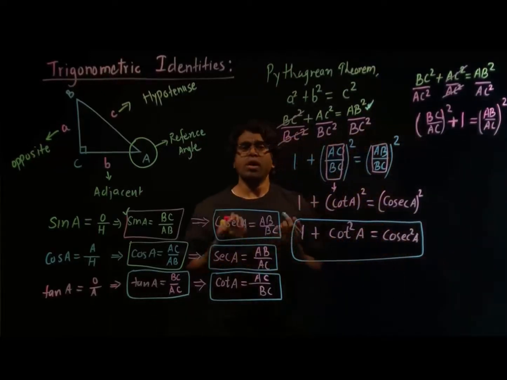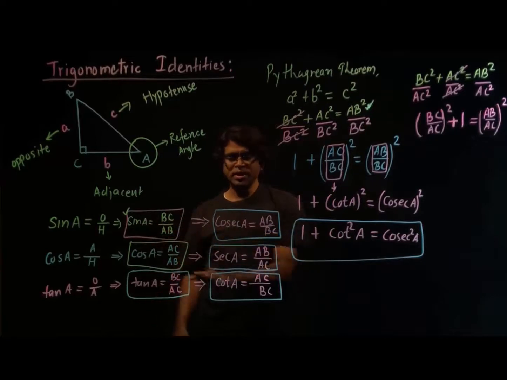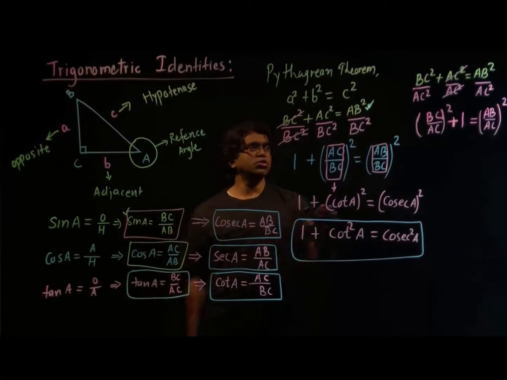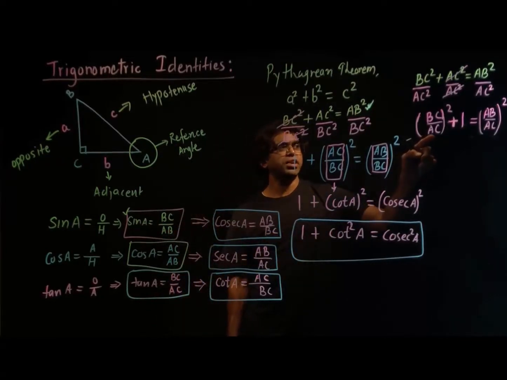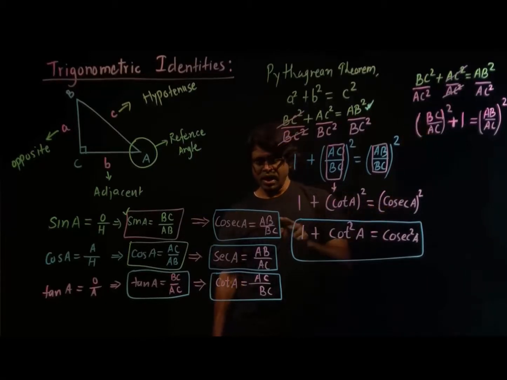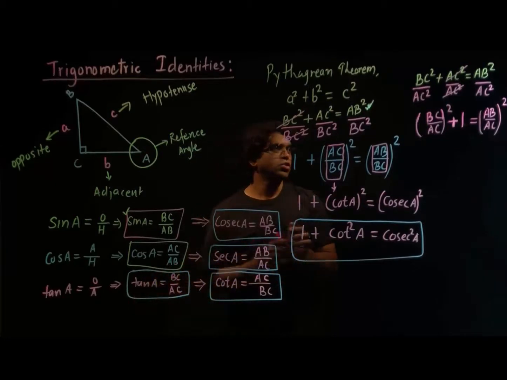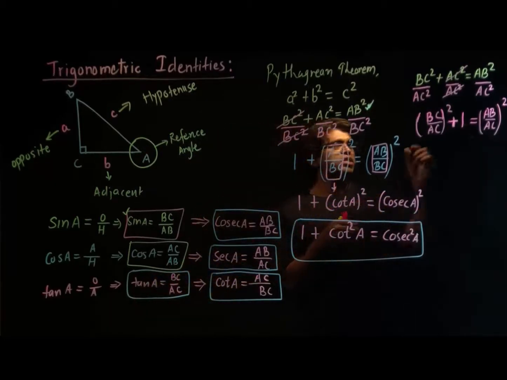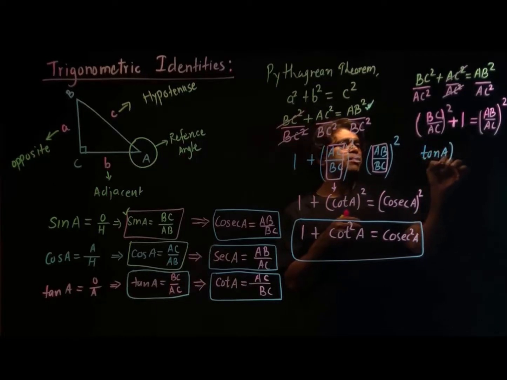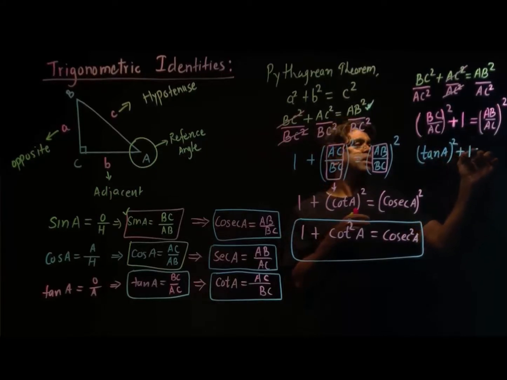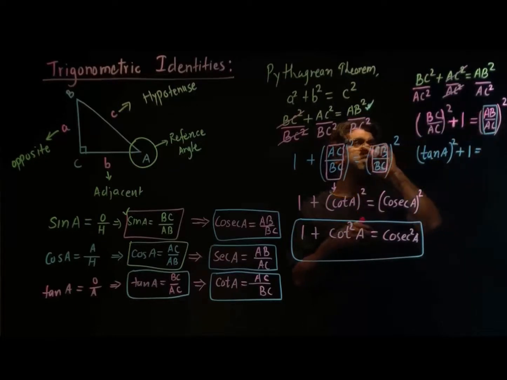Now I'm going to look at these 6 trigonometric ratios to see which one belongs to the first ratio. The first ratio is BC over AC, and if I look closely, BC over AC is my tangent. So for the first ratio, I'm going to write tangent of A whole square plus 1 is equal to, now let's see which one is this ratio.